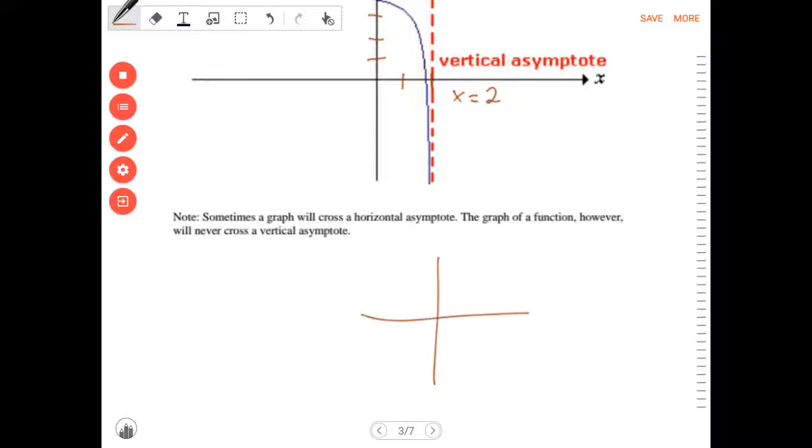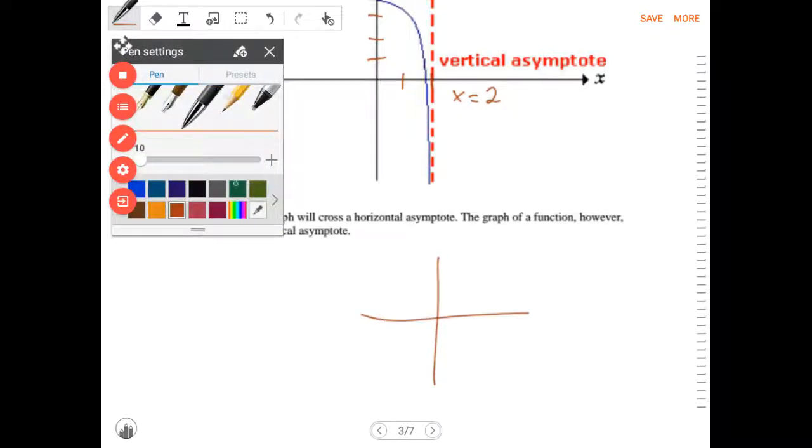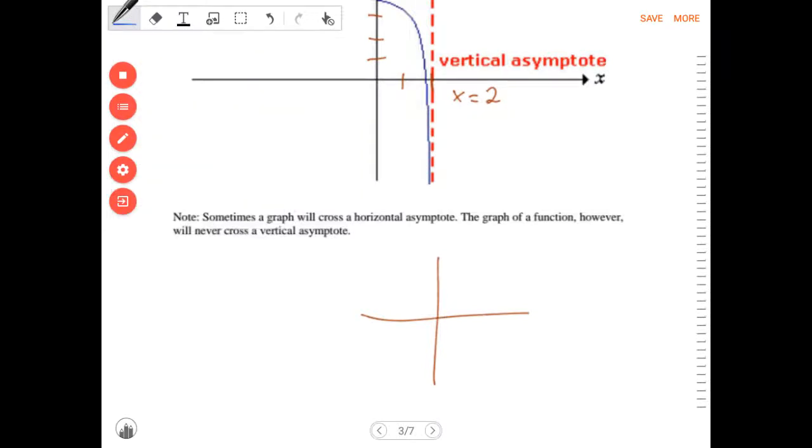You could get something that does this, and it'll be kind of weird, but if it crosses and then does something like that, we would still consider the x-axis a horizontal asymptote to that part. It's rare and it's kind of a weird function, but it can happen.